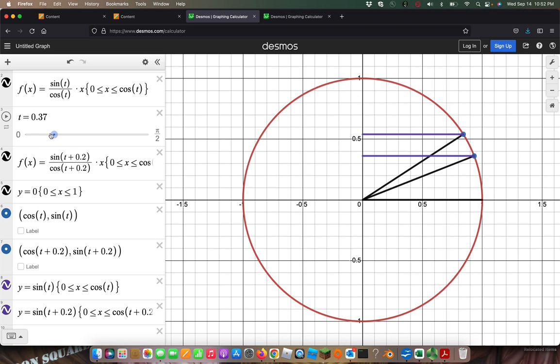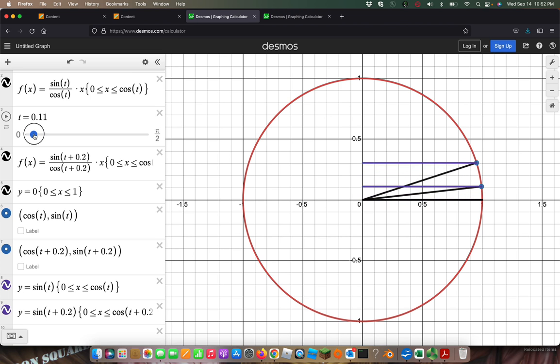Start at 0 down here. And notice that right here, my sine of t is 0, and my sine of t here is approximately 0.2. So a pretty big difference between those 2 y values. And notice what happens to the difference between those y values as I increase my t.